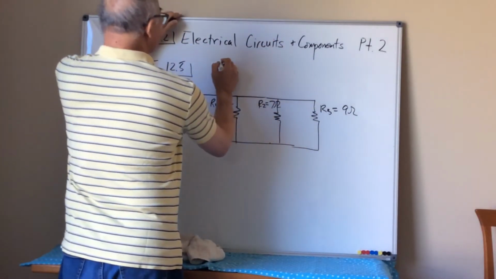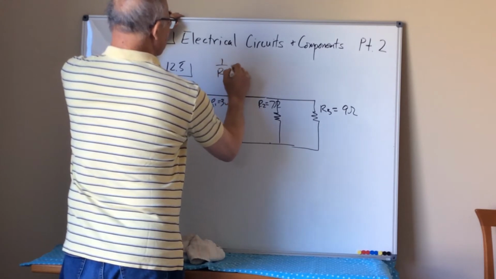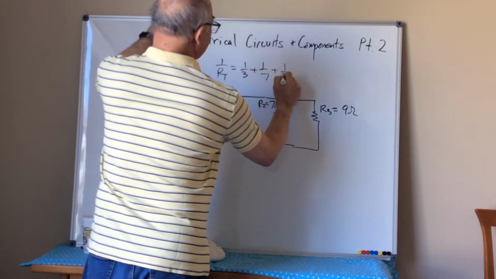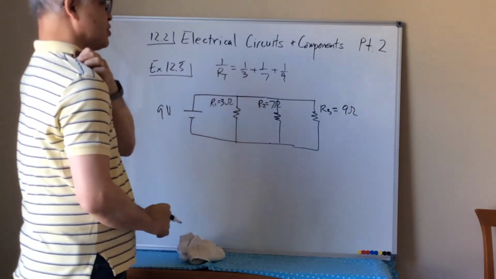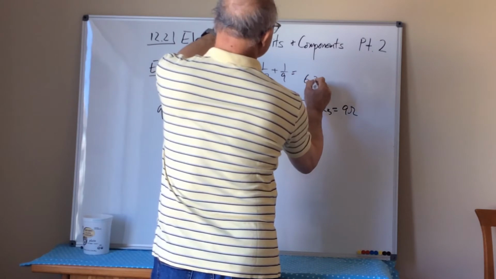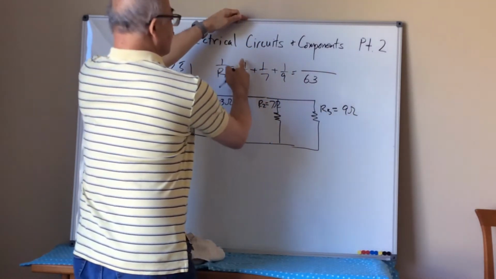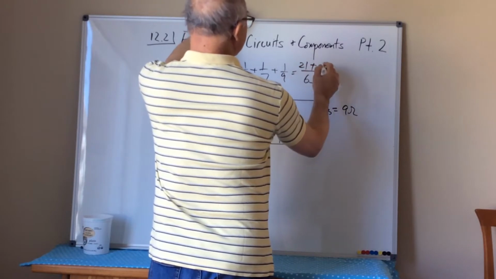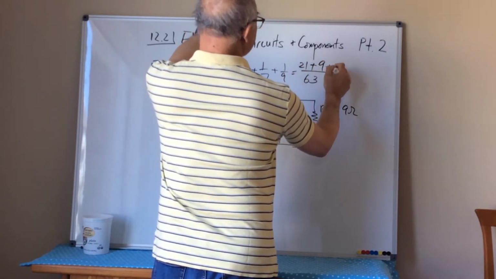So let's go ahead and calculate the total resistance. So 1 over R total is 1 over 3 plus 1 over 7 plus 1 over 9. So you find the common denominator here would be 63. So 3 is going to be what? 21. 7 is going to be 9. And 9 is going to be 7.